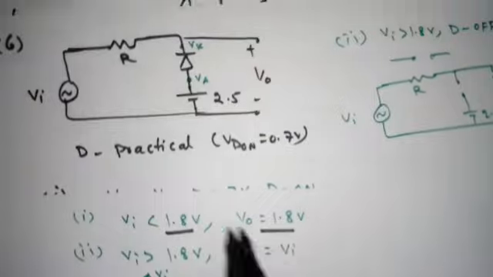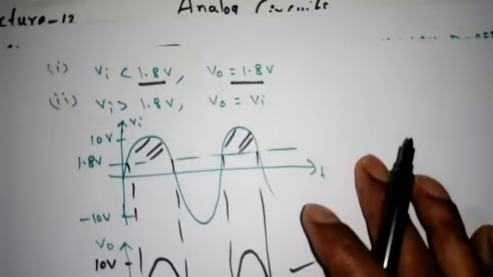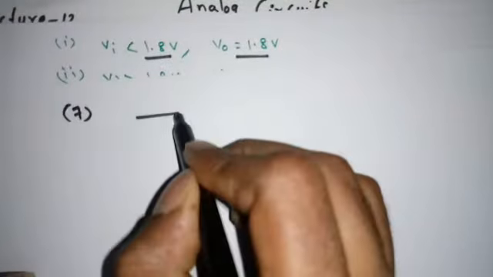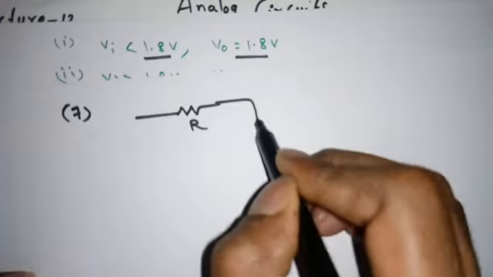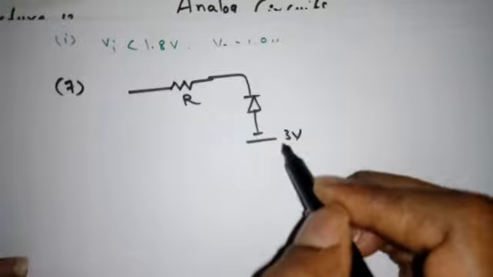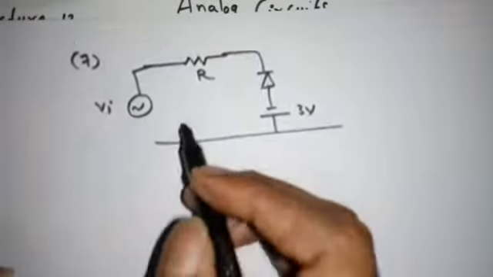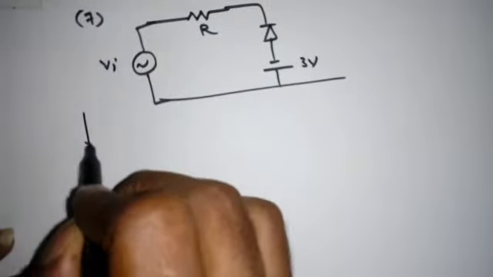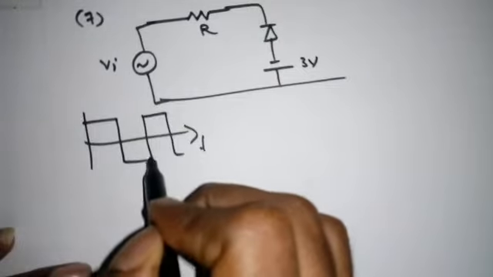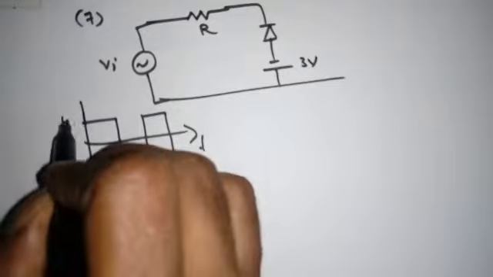Now the next circuit is when the diode D is practical and the V reference is, suppose, negative. So that is the next one, the seventh circuit. Now if the reference is, suppose, 3 volts, VI, now I am taking a square waveform, something like this, 4 volt, minus 4 volt.